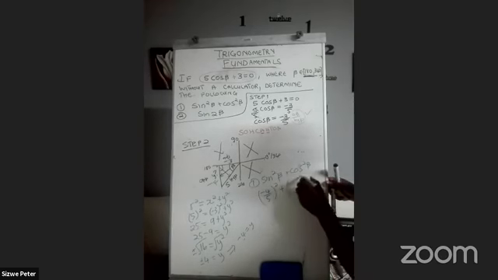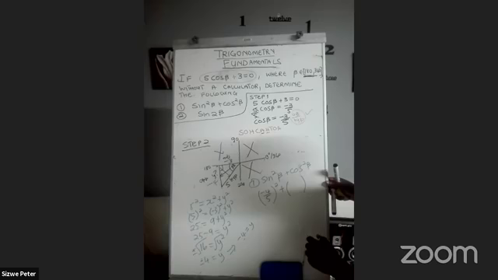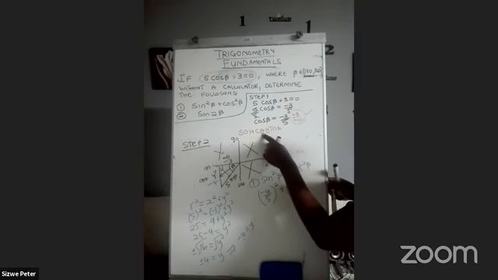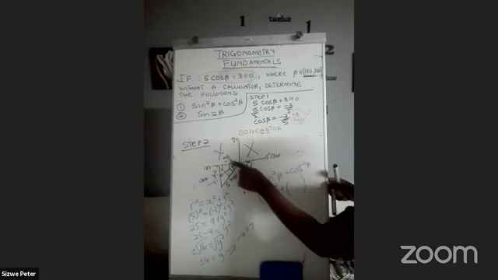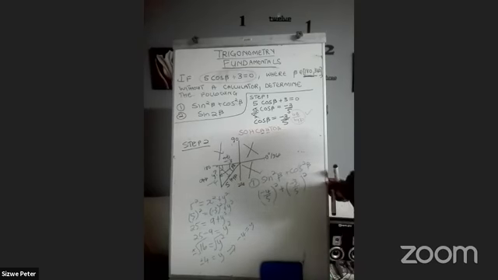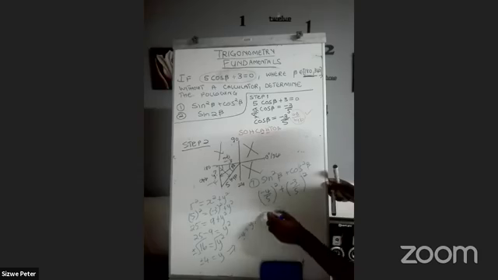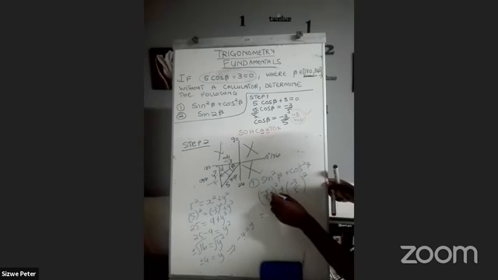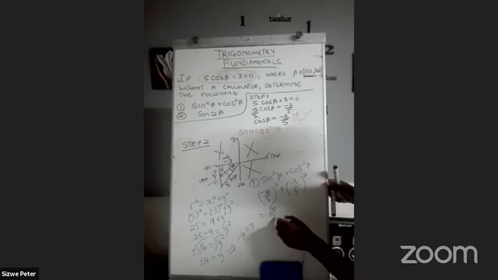Plus, what is cos? According to SOHCAHTOA, cos is adjacent over hypotenuse. Your adjacent is minus 3 and your hypotenuse is 5, but you need to square it. Negative 4 times negative 4 is 16, and 5 times 5 is 25.